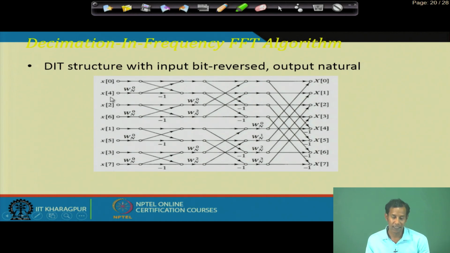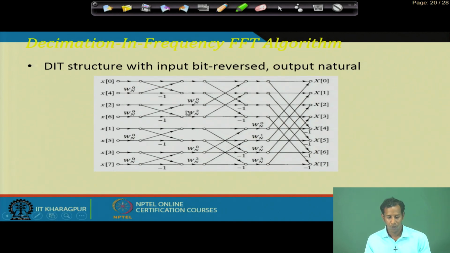That means, if we apply the input in a bit reverse manner, which is x0, x4, x2, x6, x1, x5, x3, x7, the output will come in natural order. So either you give the input in the original sequence and get the output in bit reverse manner, or you put the input in bit reverse manner so that the output comes out of the FFT block in the original sequence, in a particular order.